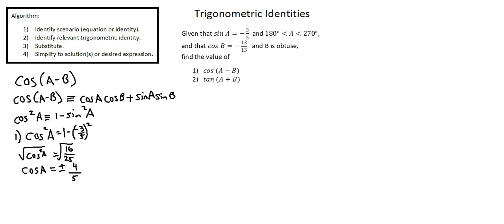Cosine of A is plus or minus 4 over 5. Now, with two options, we want to use our scenario to decide which of these two values is relevant. So let's look at the coordinate plane and think about the scenario that we're given and evaluate the two answers we've come up with for cosine of A.